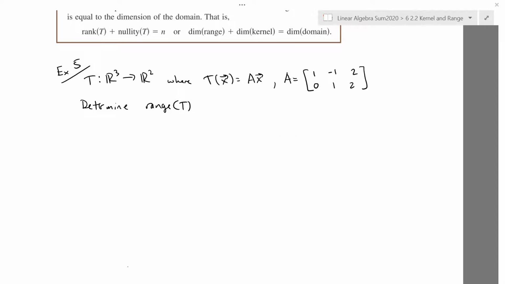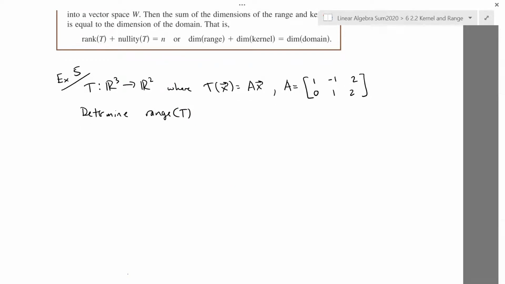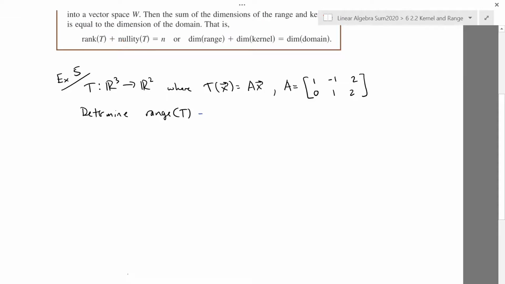So in this example, we're taking the example from before, the linear transformation given by this matrix A here, and now we're going to try to determine the range of T. From the previous discussion, the range of T is the same thing as the column space of A.